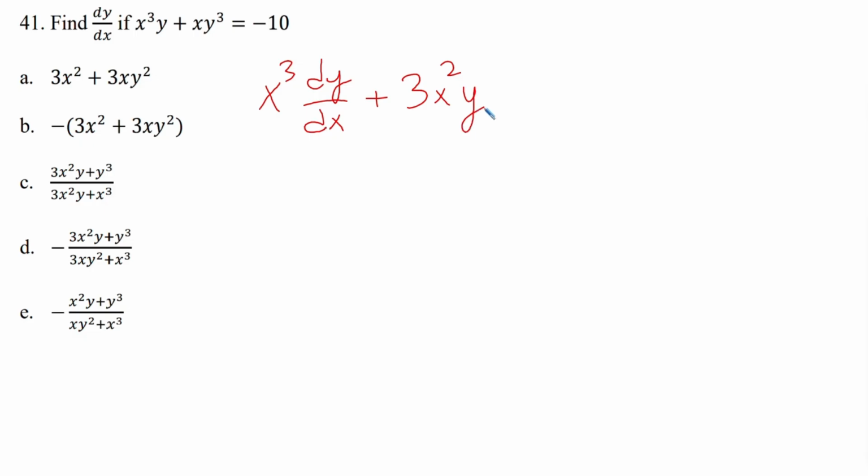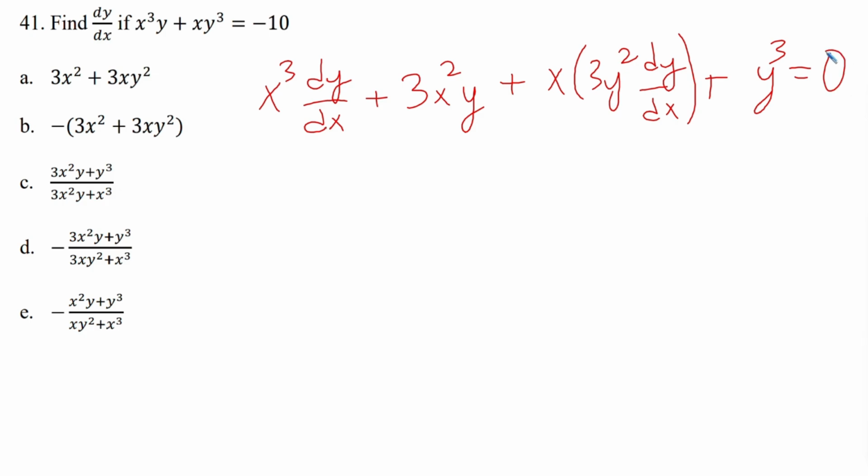Then we'll add to that the derivative of the xy cubed, so that'll be plus the x times the derivative of y cubed, which will be 3y squared dy dx, plus the derivative of x, which is 1, times y cubed. And on the right-hand side, the negative 10's derivative is just 0. So we'll get equals 0.